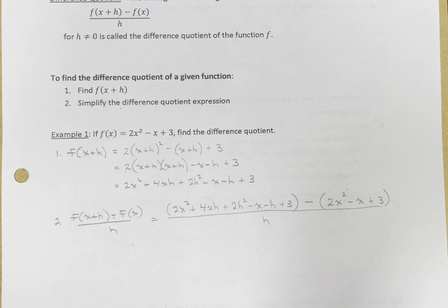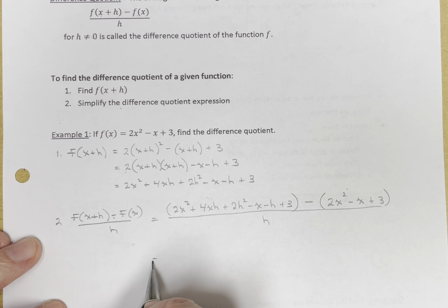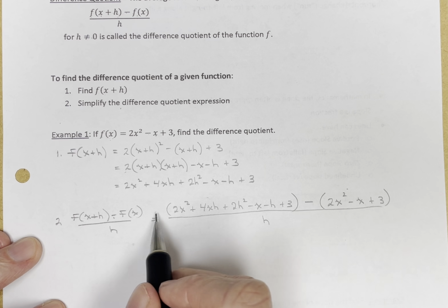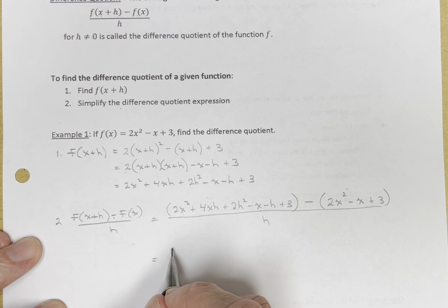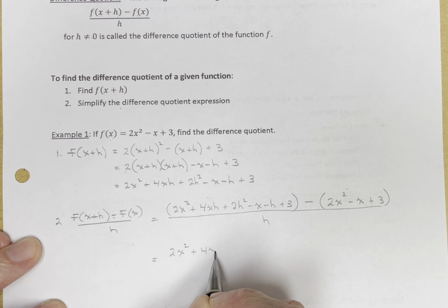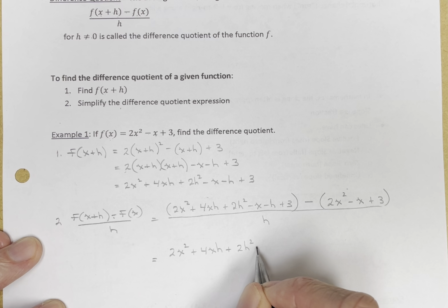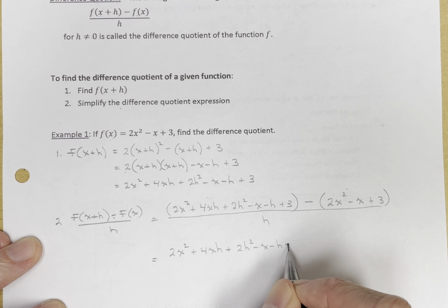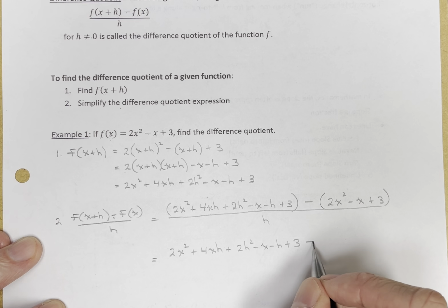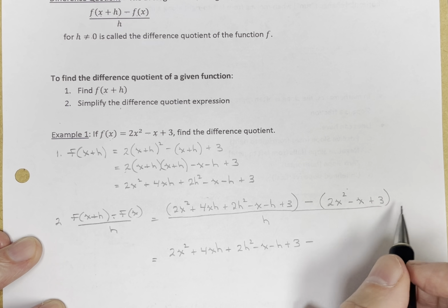Now let's do some simplification. This doesn't need the parentheses. It's not doing anything for us, so I'm going to write it without the parentheses. I just used the parentheses to show you clearly what f of x plus h is. Plus 3. Now I'm going to distribute this negative so I can remove these parentheses.